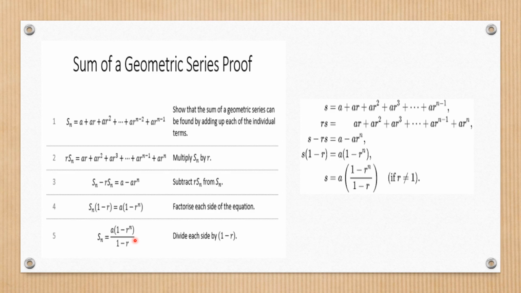But for our convenience, for R greater than 1, we flip it like R to the power n minus 1 upon R minus 1. So these are the steps in which this formula is derived, but you can simply give the proof like this also. This was just for understanding purposes, how and why we are making the proof.